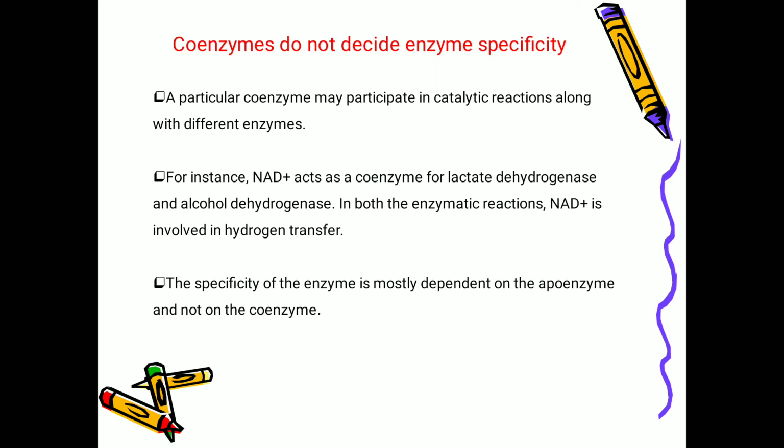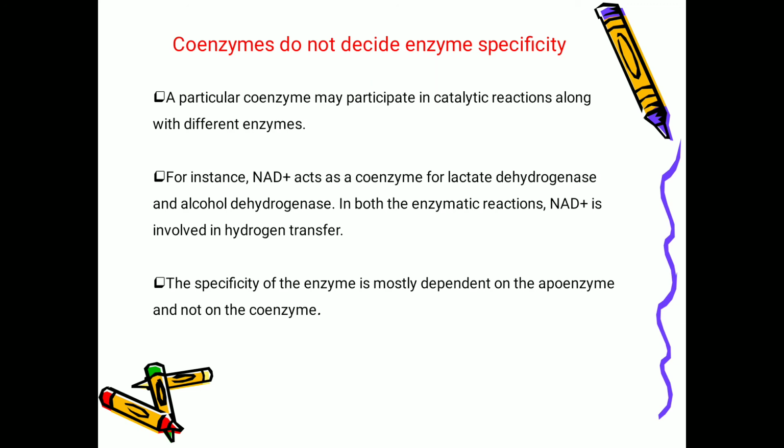This single coenzyme is acting for two or more enzymes. So, the enzyme specificity is not because of the coenzymes. In both reactions, NAD plus is involved in hydrogen transfer. And the specificity of the enzyme mostly depends on the apoenzyme and not on the coenzyme.